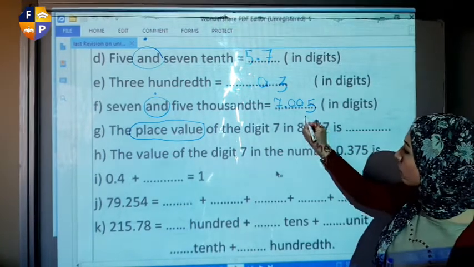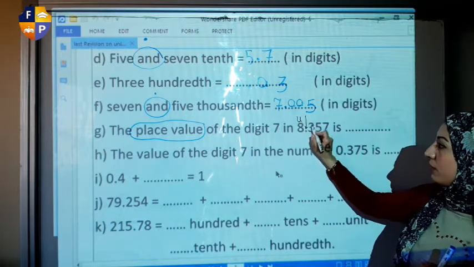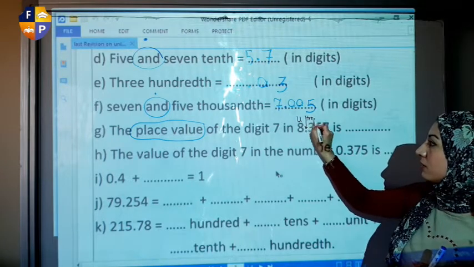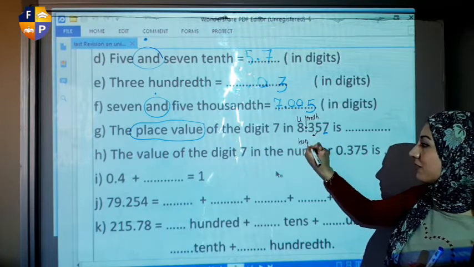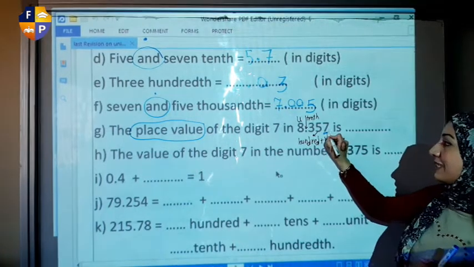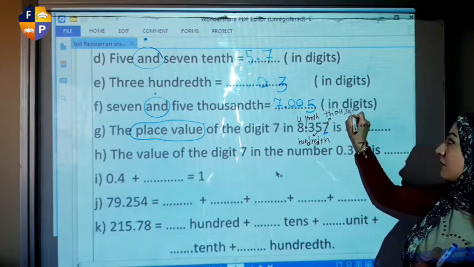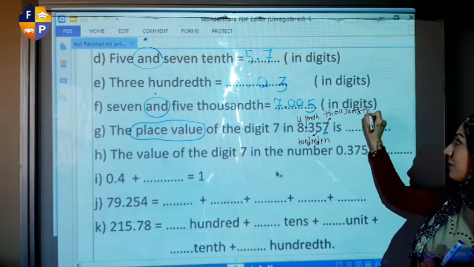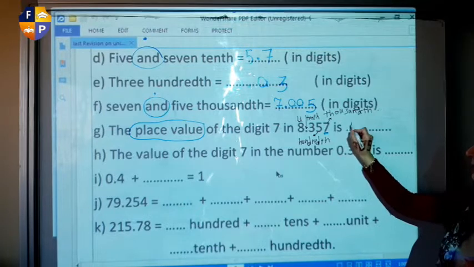So here we start from the decimal point. 8 units, 3 tenths, 5 hundredths and 7 thousandths. So the place value of the digit 7 is thousandths.